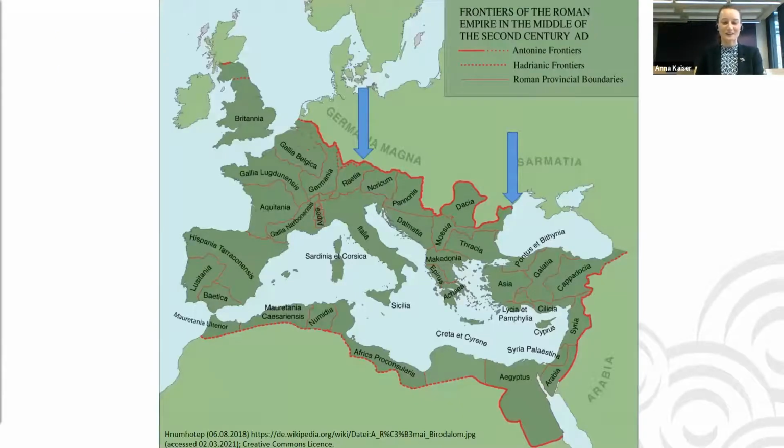What you see now on your screens is basically the Roman Empire with all its provinces, and in red the borders. You of course see Hadrian's Wall, the Antonine Wall, and with the blue arrows I've marked the Danube, so the Roman border along the Danube Limes, basically reaching from Germany to the Black Sea.